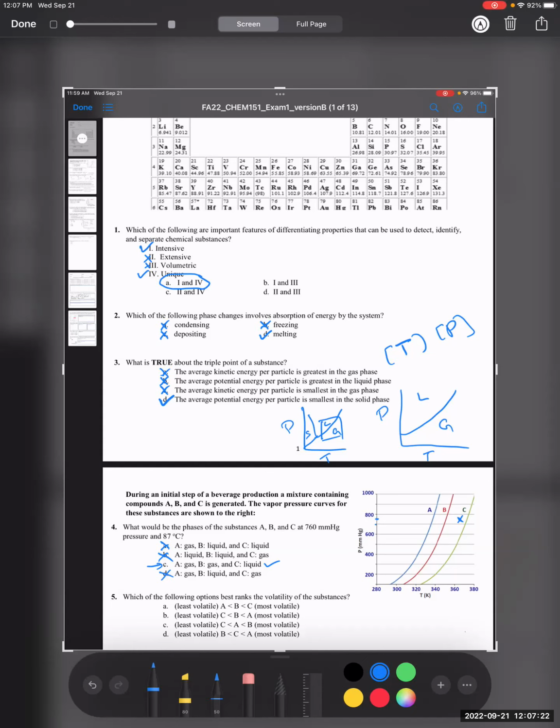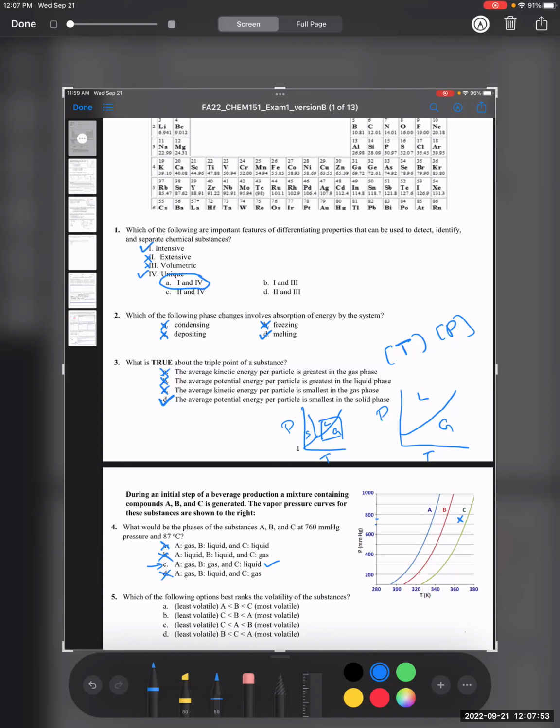Therefore, we need to break these attractive interactions for the particles to go into the gas phase. So substances with weaker attractive interactions will have a higher volatility because they go into the gas phase readily. And substances with strong attractive interactions will have a lower volatility because they have a hard time breaking the attractive interactions in the liquid phase to go into the gas phase.